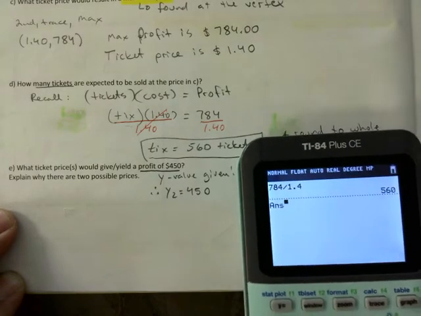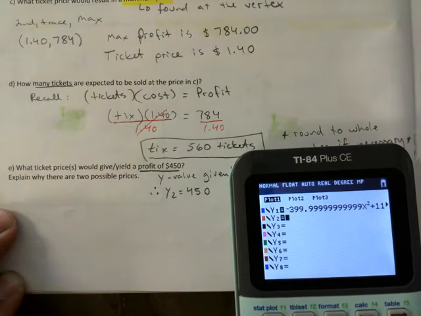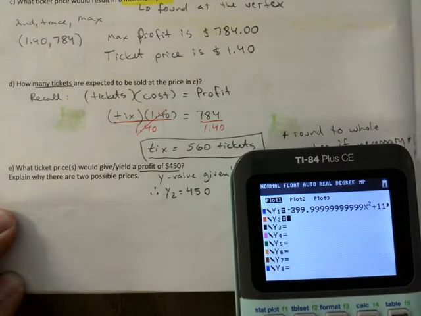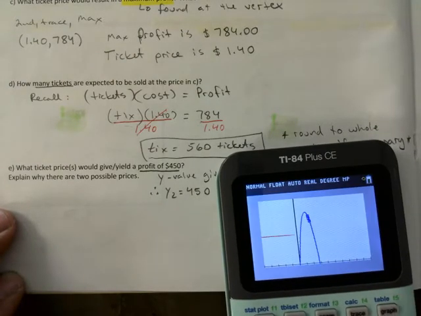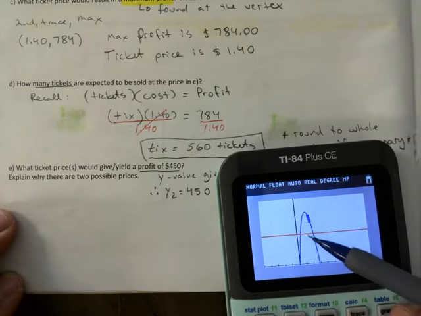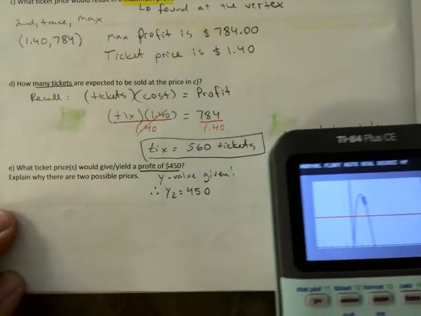So grab your calculator, go to Y equals, let Y2 equal 450, and then let's graph it. You can tell that there are two instances where that happens. Why is that? Well, let's first write it down, then we'll worry about the explanation.